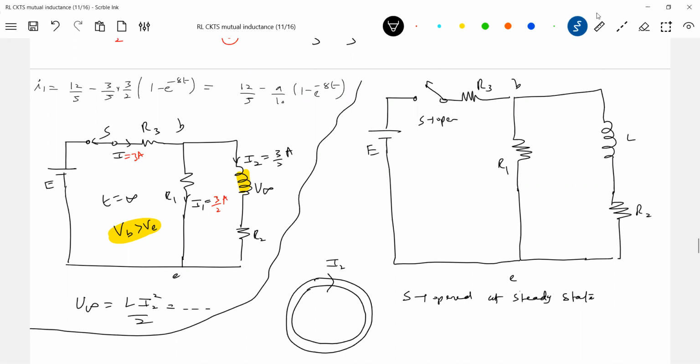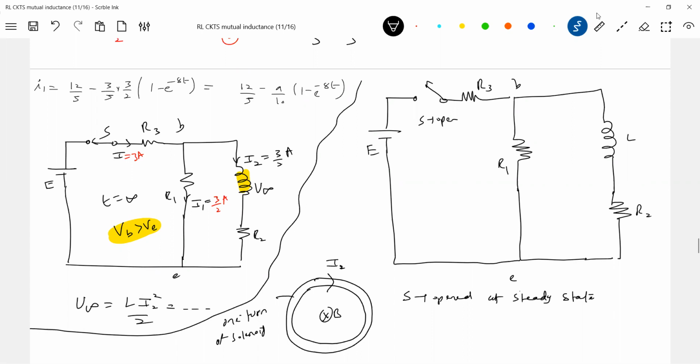Then if a current flows, and this is one turn of the solenoid I'm showing, how will the magnetic field be into the plane because of this current I2 flowing through the coil at steady state?